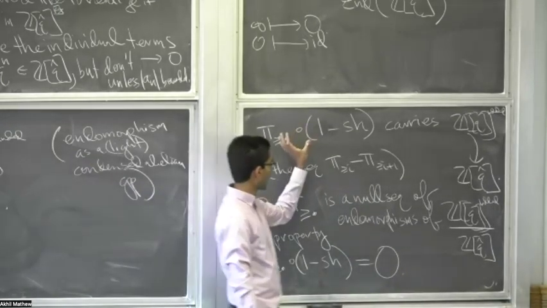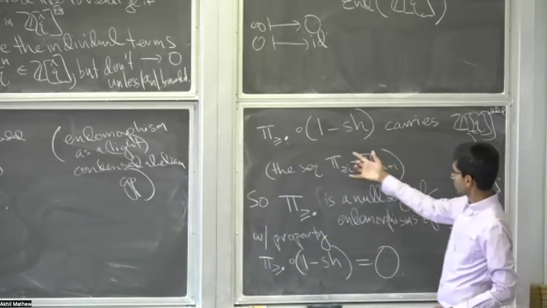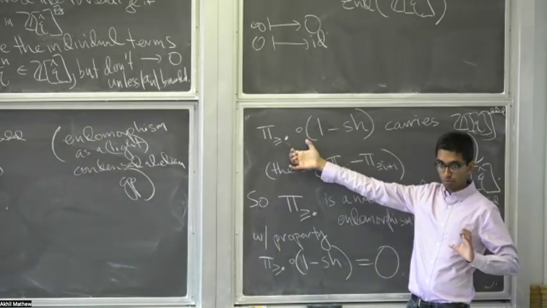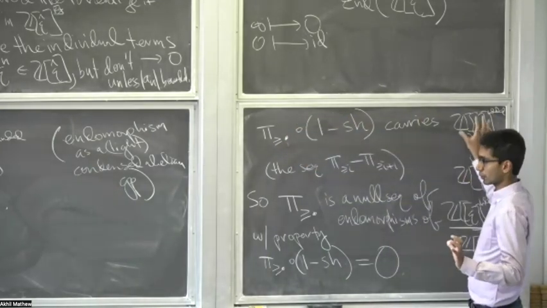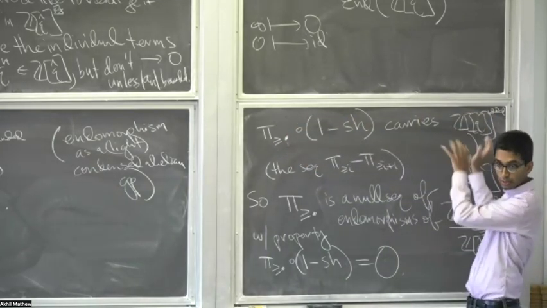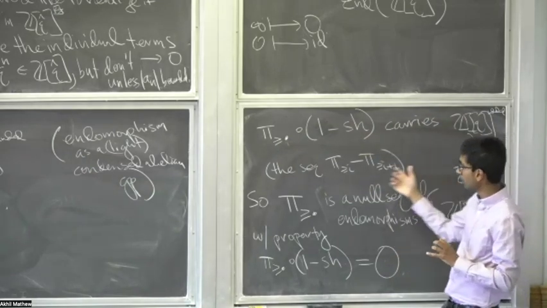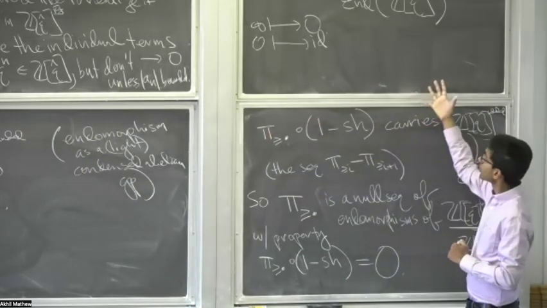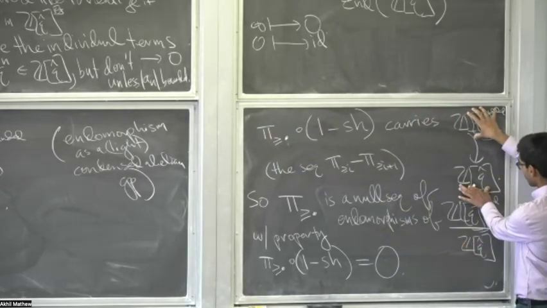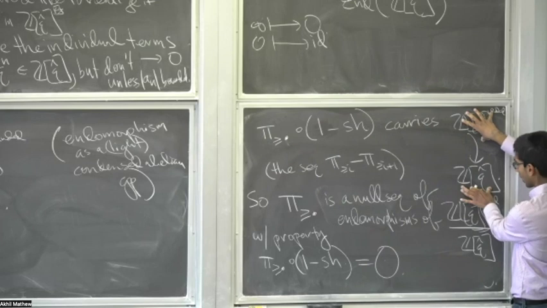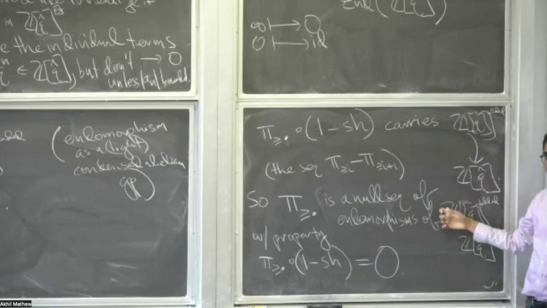One has to be a little bit careful, although one doesn't have to be too careful, given that these are just profinite sets, so you can check things pointwise. This assertion is really a pointwise assertion. If you compose this null sequence of endomorphisms with 1 minus the shift operator, it carries this larger object into the smaller object, which is to say that it induces a zero endomorphism of the quotient.